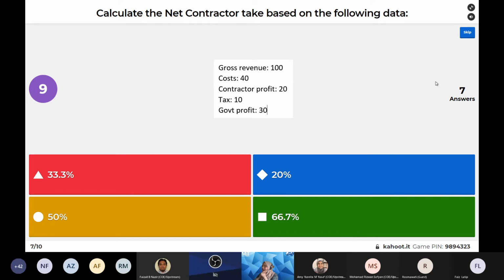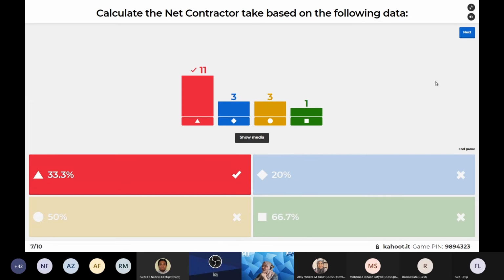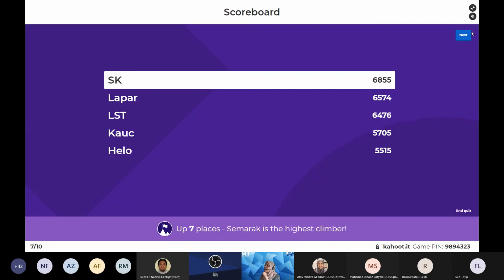Hope that will be enough for you to calculate the answer. 2, 1. Oh, nice. A lot of you guys have managed to calculate it correctly. Okay, SK has overtaken Lapar and taken the first place.